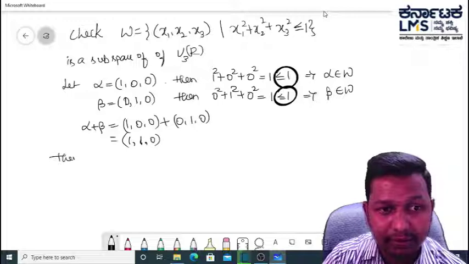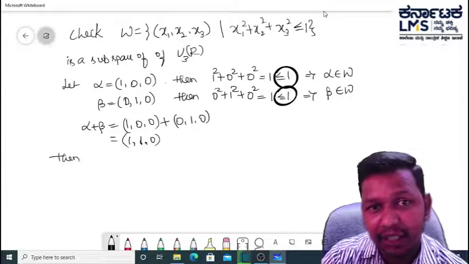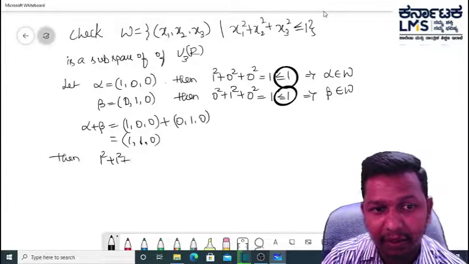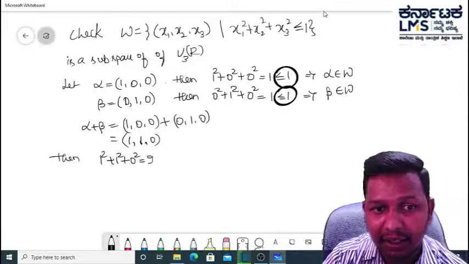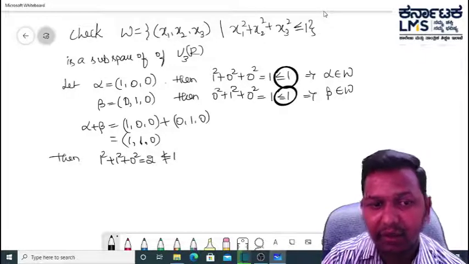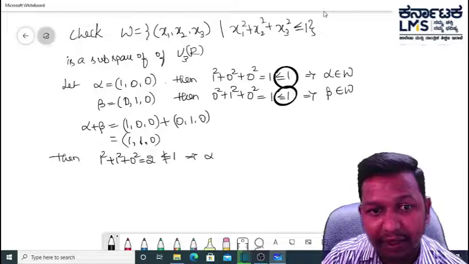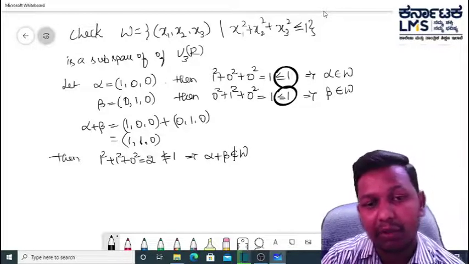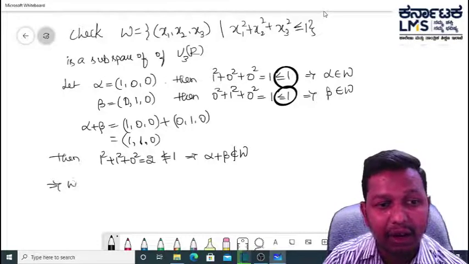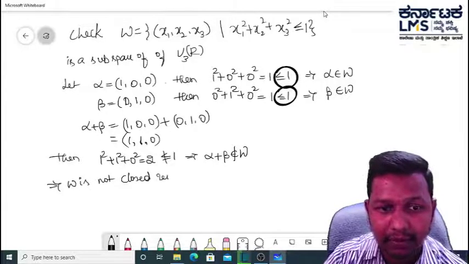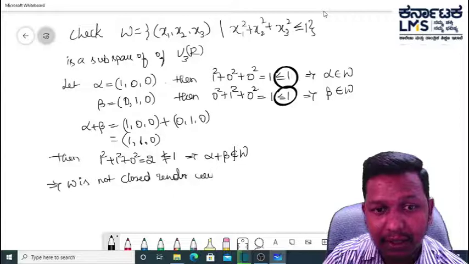Then apply the condition, that is 1 square plus 1 square plus 0 square is equal to 2, which is not less than or equal to 1, which implies that alpha plus beta does not belong to W. Hence, W is not closed under vector addition.